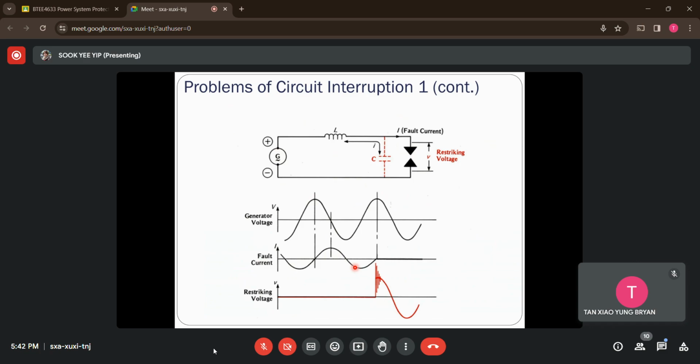During the moment there is a separation of the contacts, once the current reaches the zero state, we know that there will be a restriking voltage which appears across the capacitor.